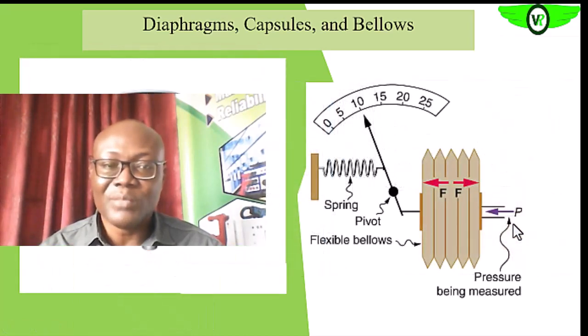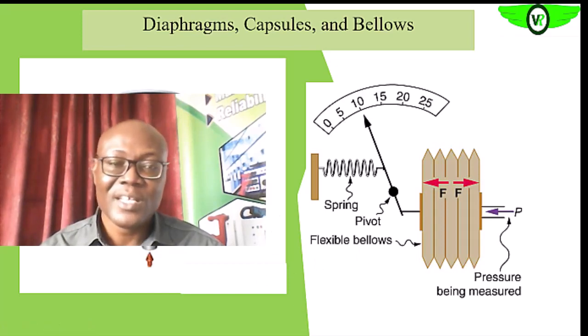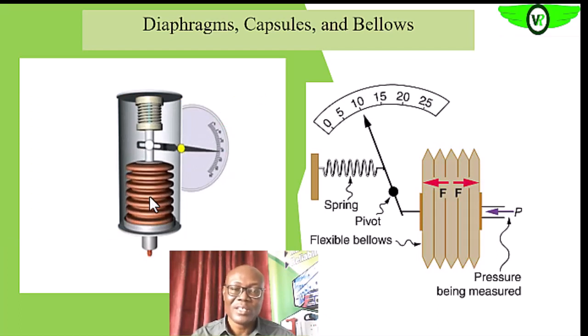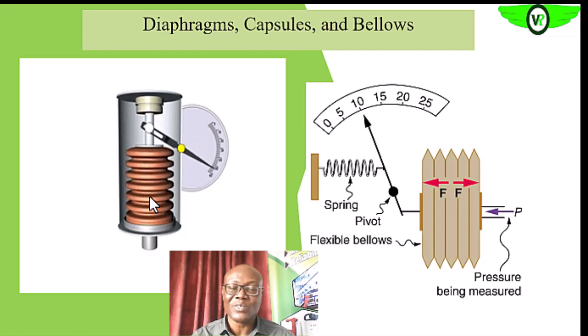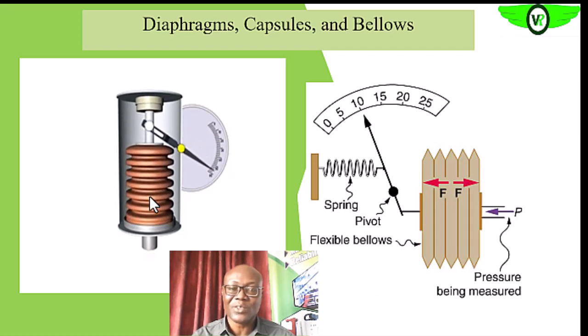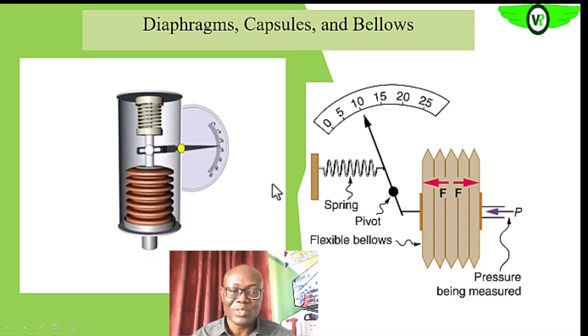So we have the bellows. As you can see, the bellows is just like a convoluted structure, okay, that is capable of expanding once pressure is exerted to the internals of the bellows. That is what you are seeing here.